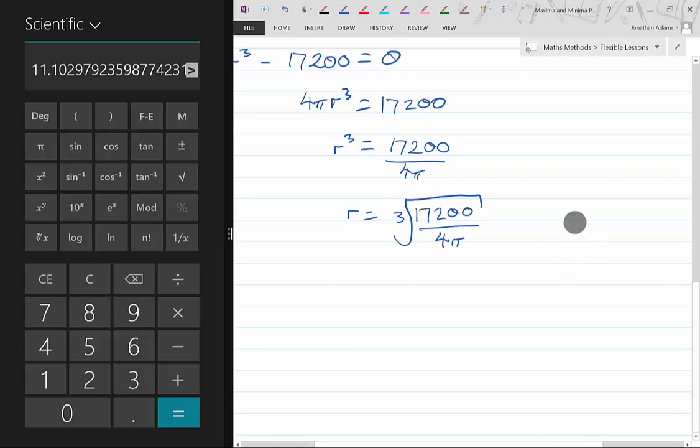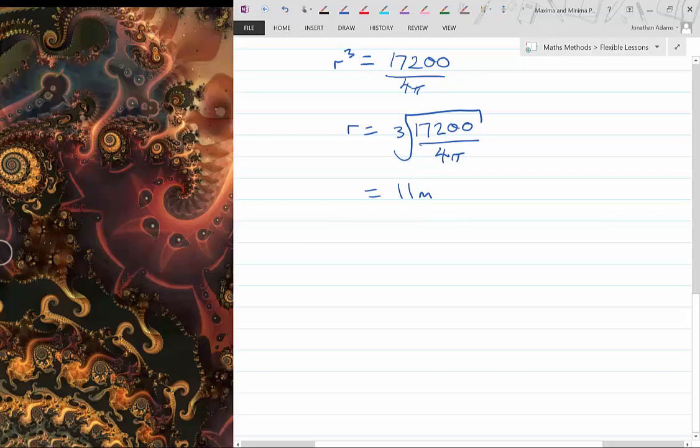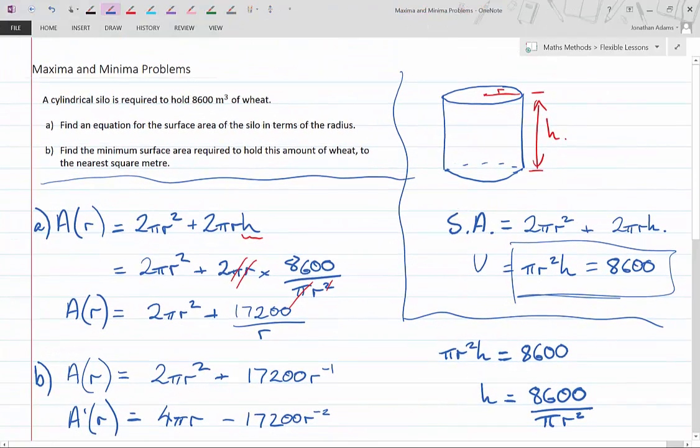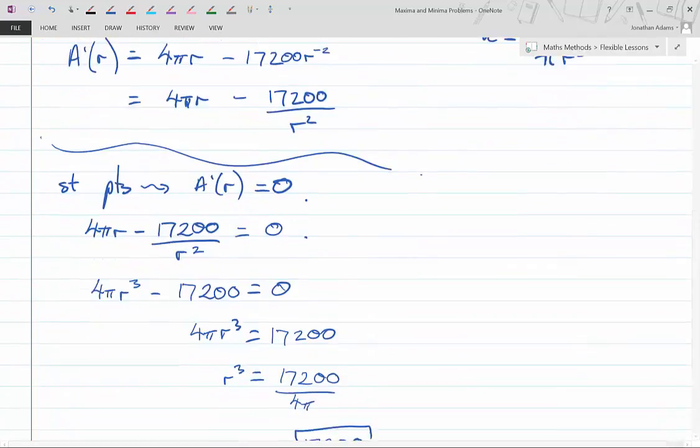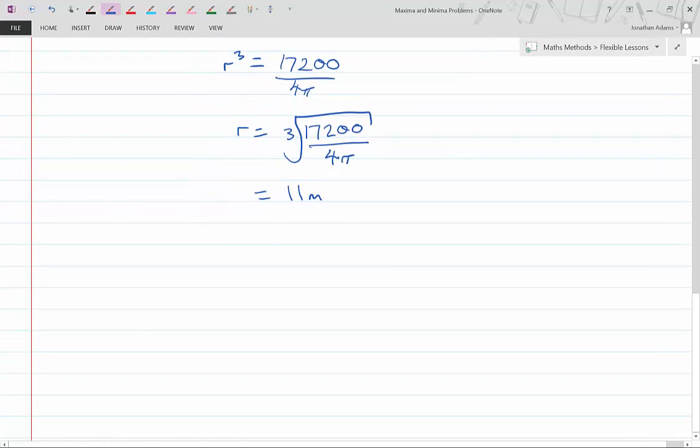I get a number equal to 11. Sorry, 11 meters is the radius. The question specifically asks what the minimum surface area is. So this is the radius that will give us the minimum surface area, and we now need to determine what that surface area is. So we need to work out A of 11.